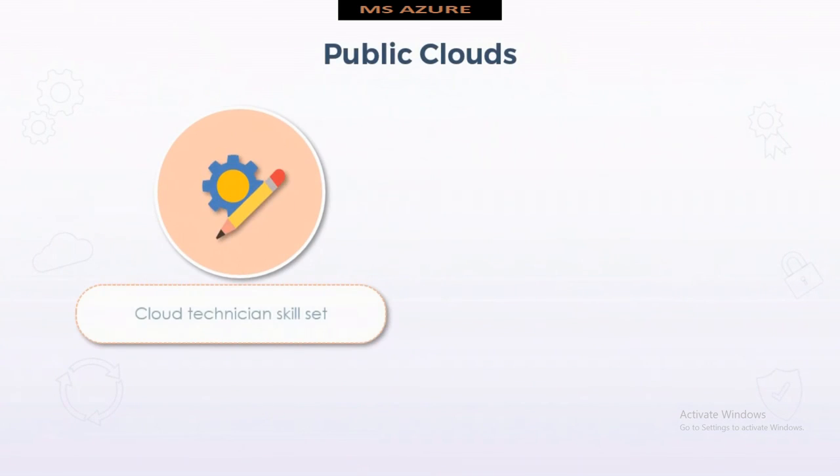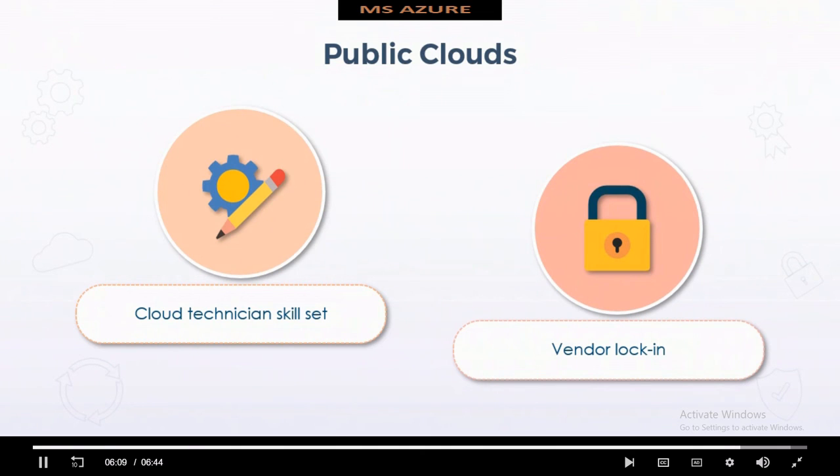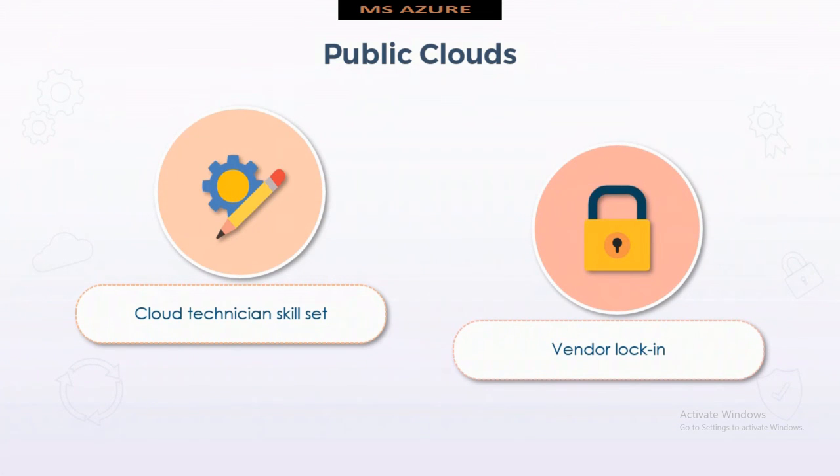The use of the public cloud requires having cloud technicians that know what they're doing with that specific solution, such as Microsoft Azure. That means becoming certified to prove that one has the ability to manage that type of cloud. The other consideration is vendor lock-in. In a public cloud computing environment, you want to make sure that you're not selecting a public cloud provider that uses proprietary formats for file storage.